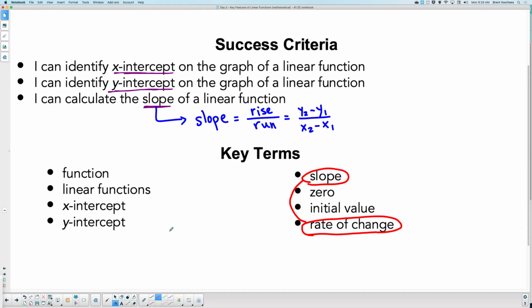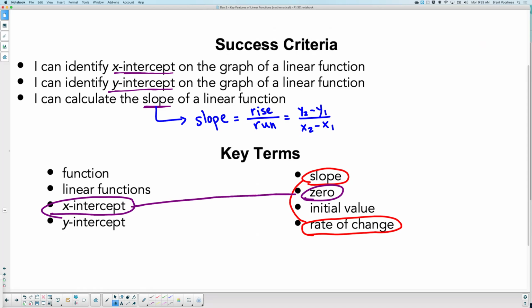There's another set of words on here that mean the same thing. I've already told you once today. Do you remember what they are? No, those are different. X and Y intercepts are different. There's another set of words up here that mean the same thing. Zero and x-intercept. Very good.